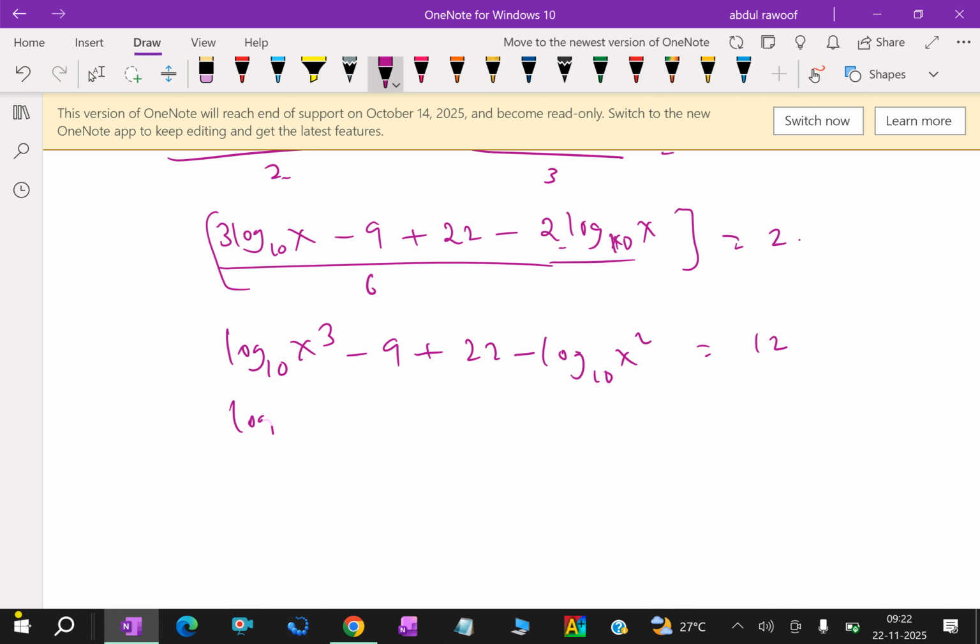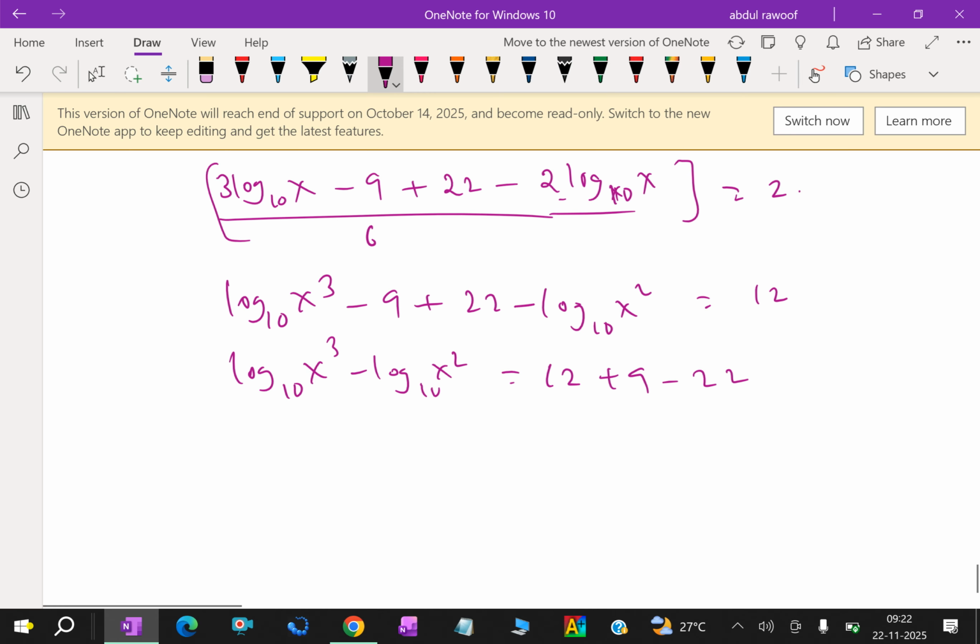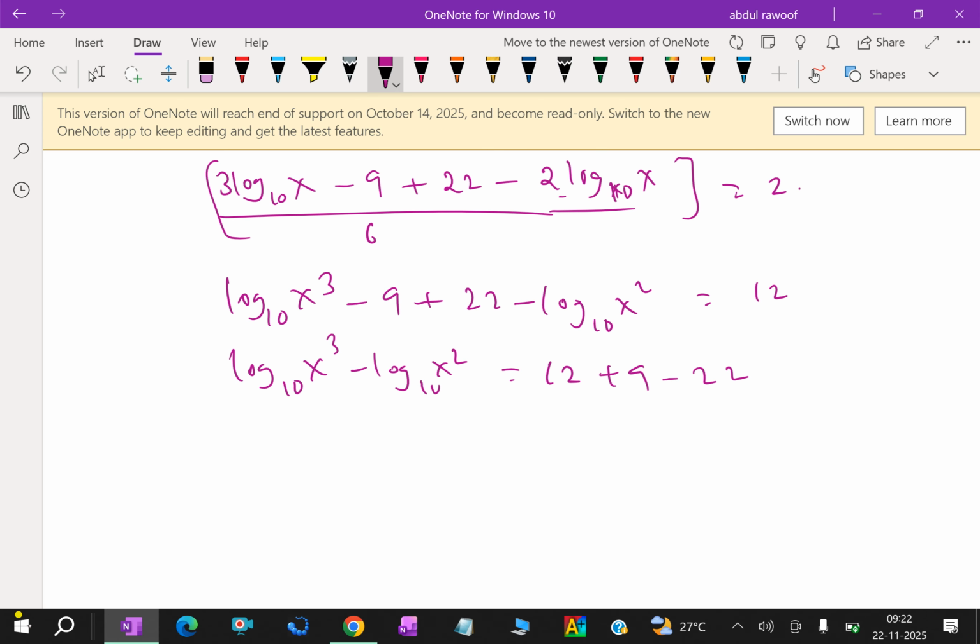So log base 10 x cube minus log base 10 x square equals 12 plus 9 minus 22, which equals 21 minus 1.